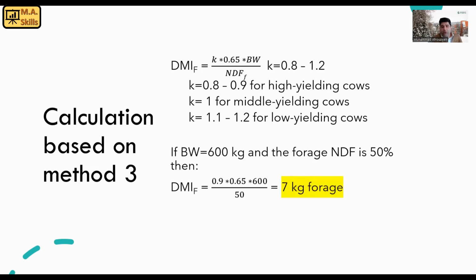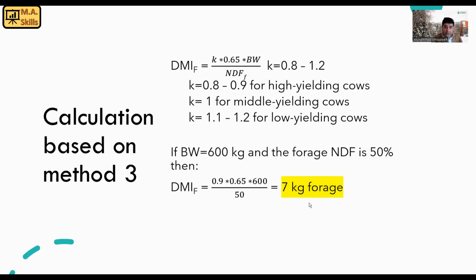So if I put 0.9 for the early lactation period as a coefficient in this formula and multiply it by body weight and 0.65, divided by 50, which is the NDF level of the forage, it's going to give me 7 kilo forage.